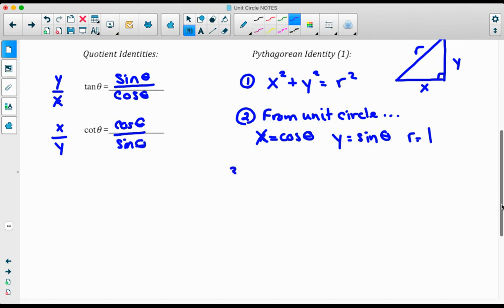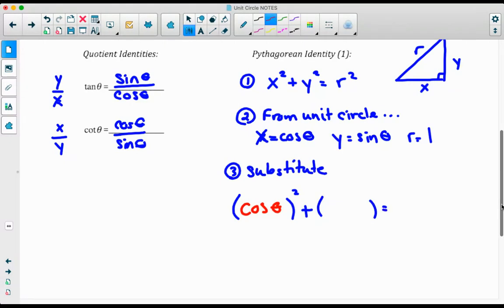So for x, we're going to put in cosine theta, right? For y, we are going to put in sine theta, and we're going to square that. For r squared, we put in the value of 1.